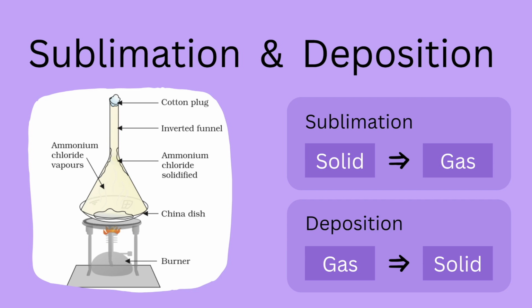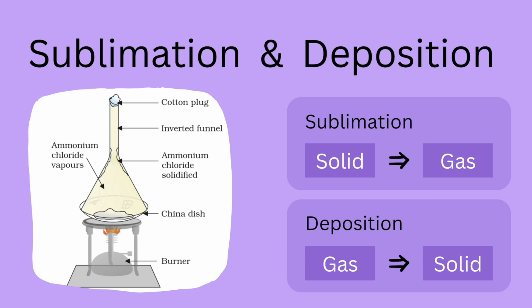They ask you to take a china dish and place ammonium chloride in it. If you start heating it, it would directly become vapor, and if you cool it down, it would directly become solid. The process of converting solid directly into gas without even getting to the liquid state is called sublimation.